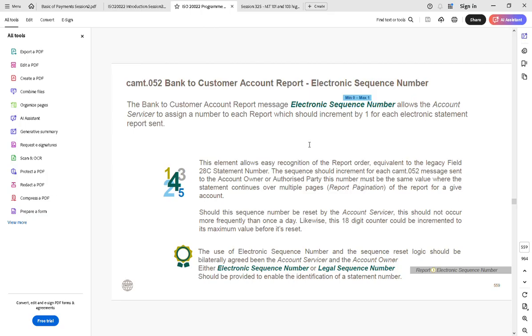In this report, we work on the group header and report. If you don't remember all these things, fine, but at least some basic fields we should remember, like the copy duplicate indicator that we have seen in account general terms, which we use in pacs. If you can explain the ID, but don't say IBAN here.